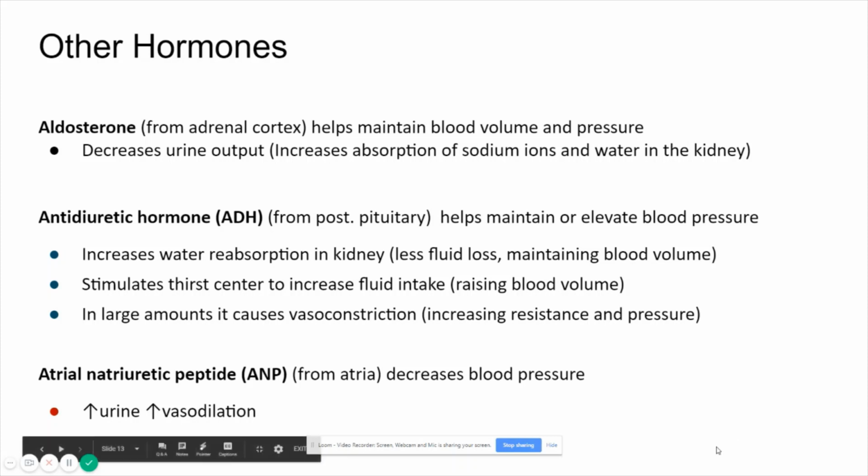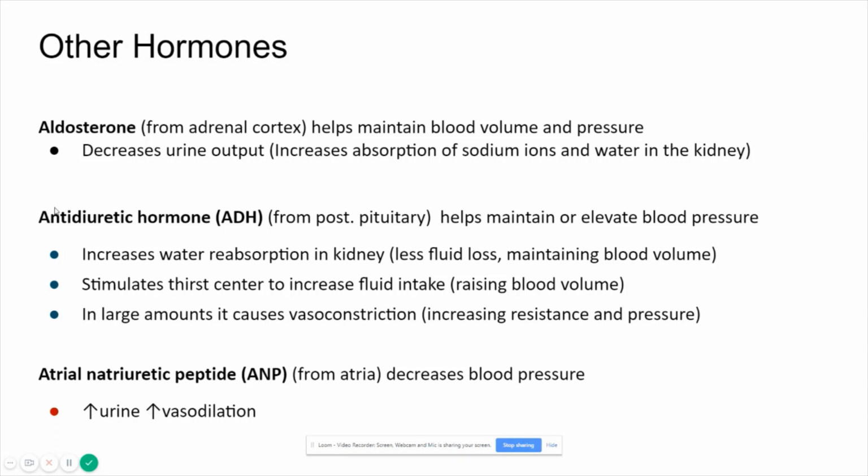You have three other hormones we'll talk about. Aldosterone and antidiuretic hormone both maintain or raise blood pressure. And then ANP is the only one on this list that actively decreases blood pressure. Aldosterone is a hormone that's produced by your adrenal cortex, you may remember from when we talked about the endocrine system. It works mainly by decreasing your urine output.